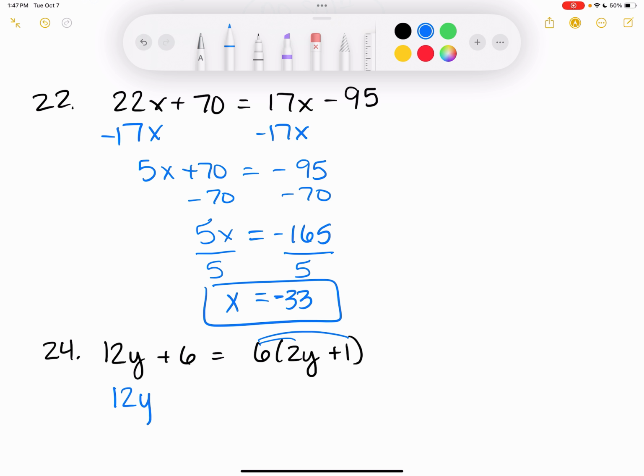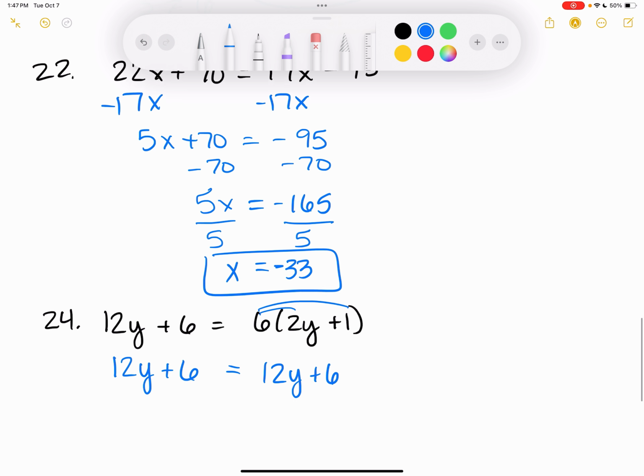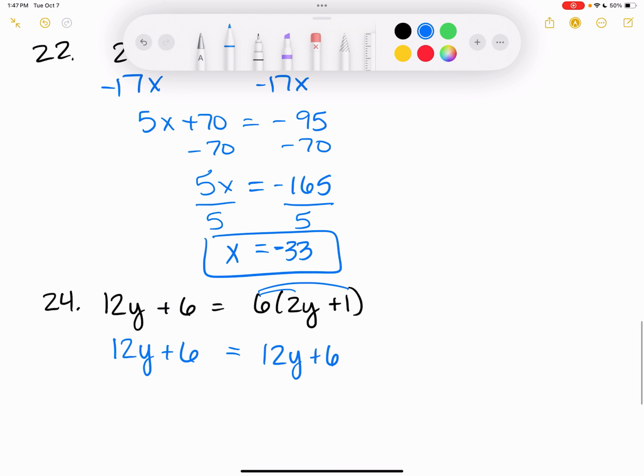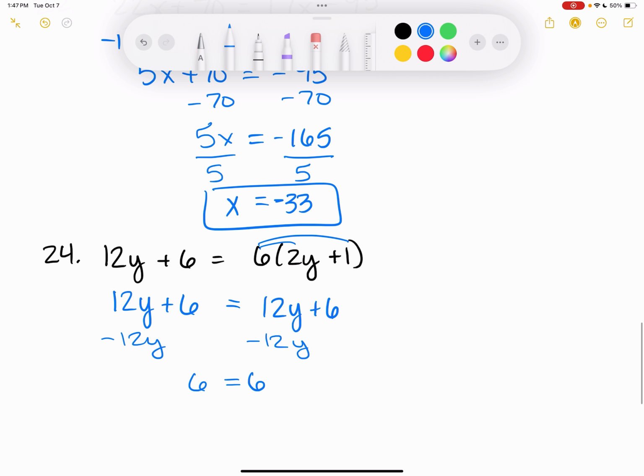So 12y plus 6 equals 12y plus 6. If they are completely equal, identical, then if I were to subtract 12y from both sides, I would have 6 is equal to 6. That's always true. So this is called an identity.